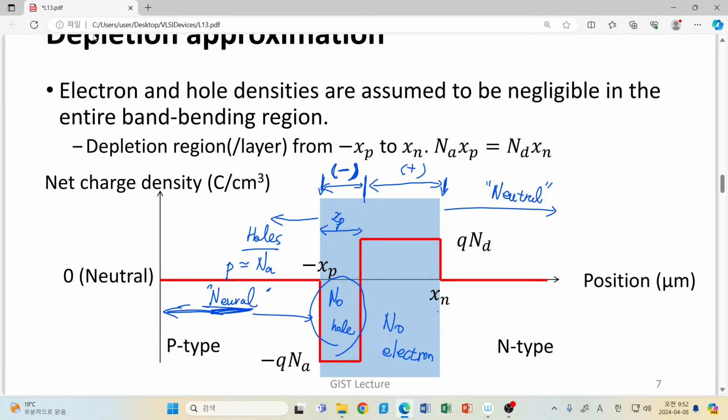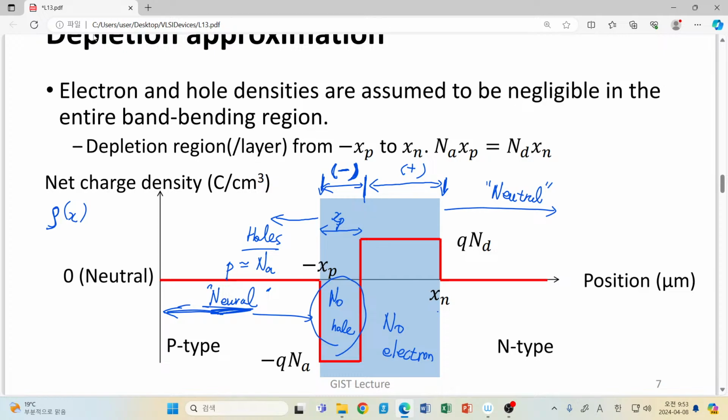Now from the viewpoint of net charge density, it can be simplified quite significantly. Actually, we must consider the net charge density rho as a function of position. However, by adopting this depletion approximation, we can just consider piecewise constant behavior.